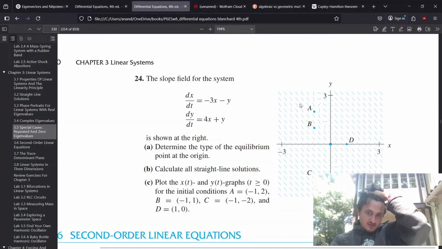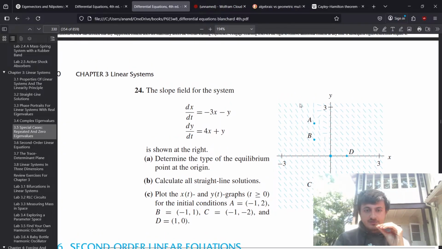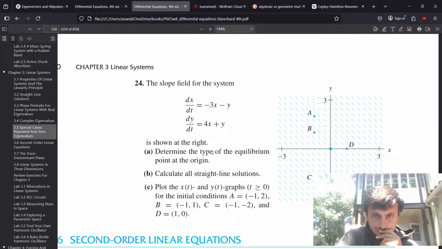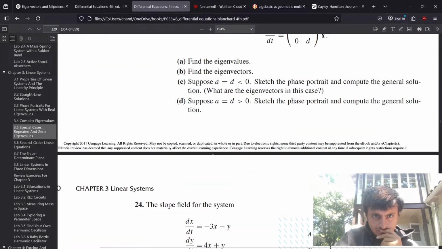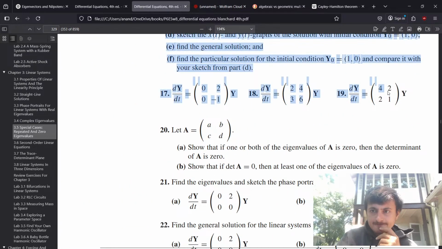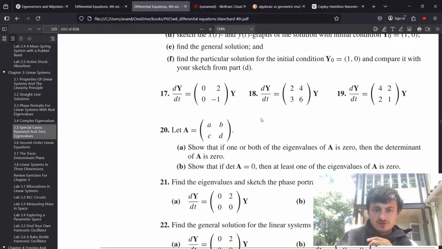Typically, it doesn't take me 3 hours to do one section, but last night I was tweaking out how poorly I am. All right. I'm gonna skip 19. Let's do 20.